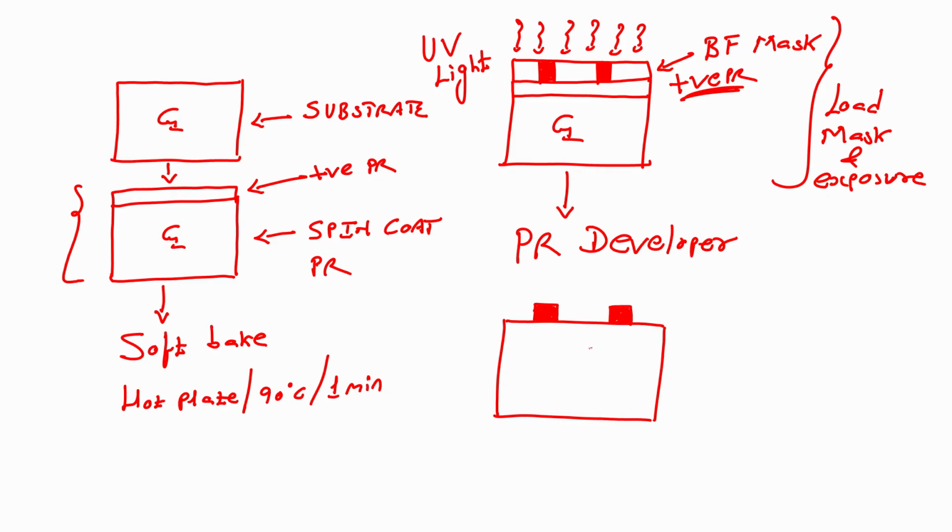Let me draw it, it is easier. This is my photoresist, this is my glass. You get what I am saying? The area which is not exposed will get stronger.